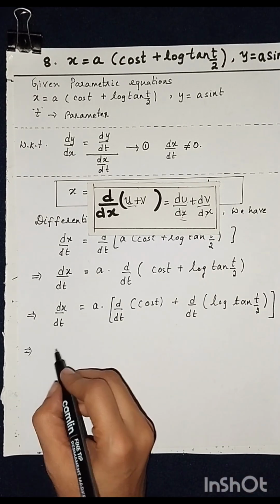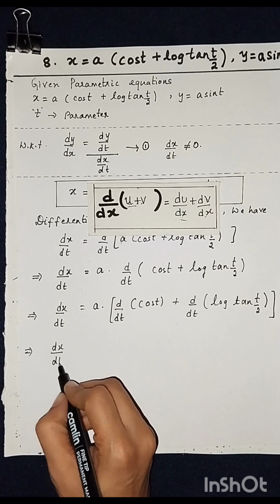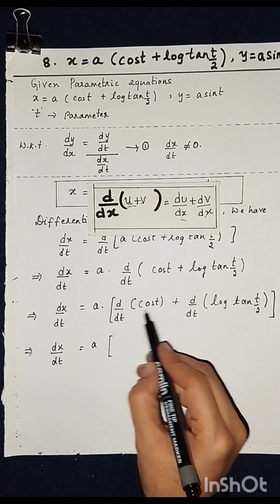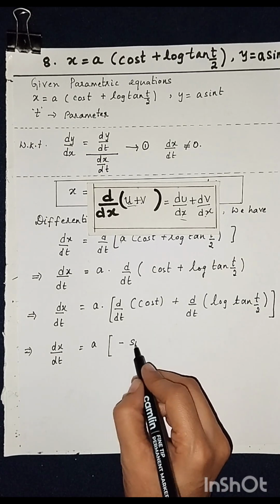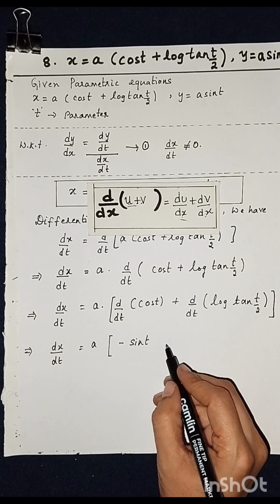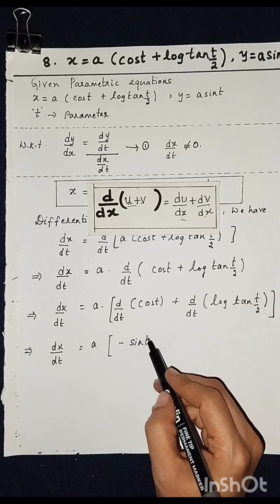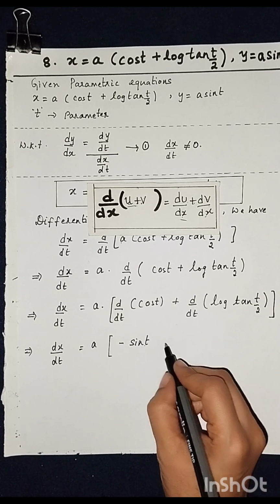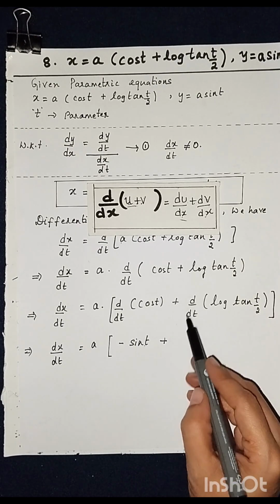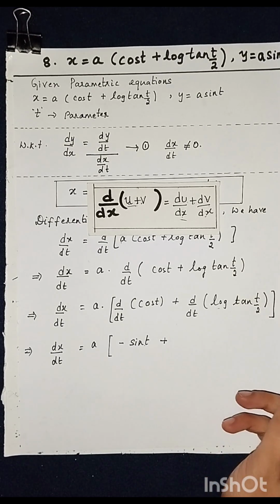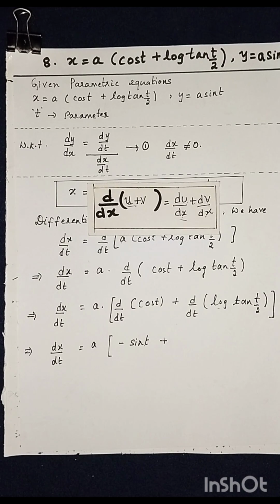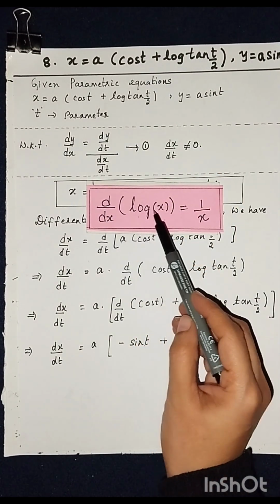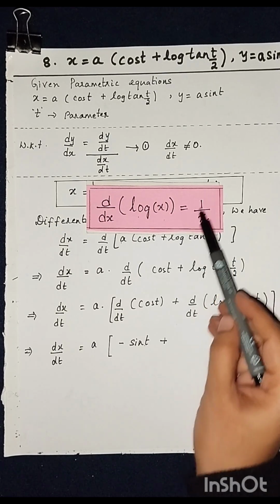This implies dx by dt is equal to a into derivative of cos t, which is minus sin t. Since we are differentiating with respect to t, the derivative of t is 1, which we will not write here, plus d by dt of log of tan t by 2. So we know the derivative of the log function: d by dx of log x is equal to 1 by x.